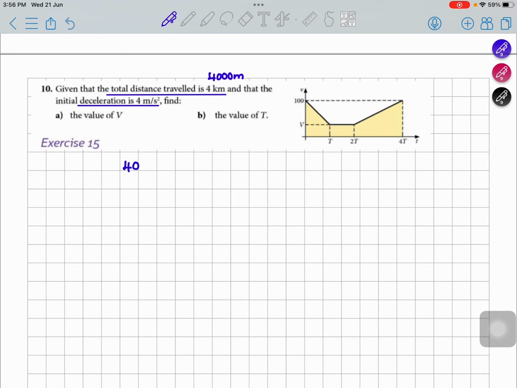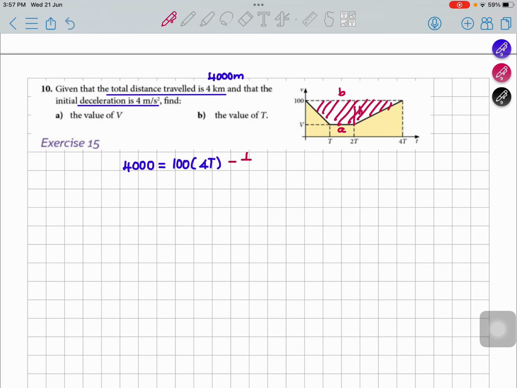So 4000 is equal to, let's find the area of this rectangle. 100 times 40. Now I will minus the trapezium. My a is here, my b is here and this is going to be my height. See, I find the area of this trapezium.